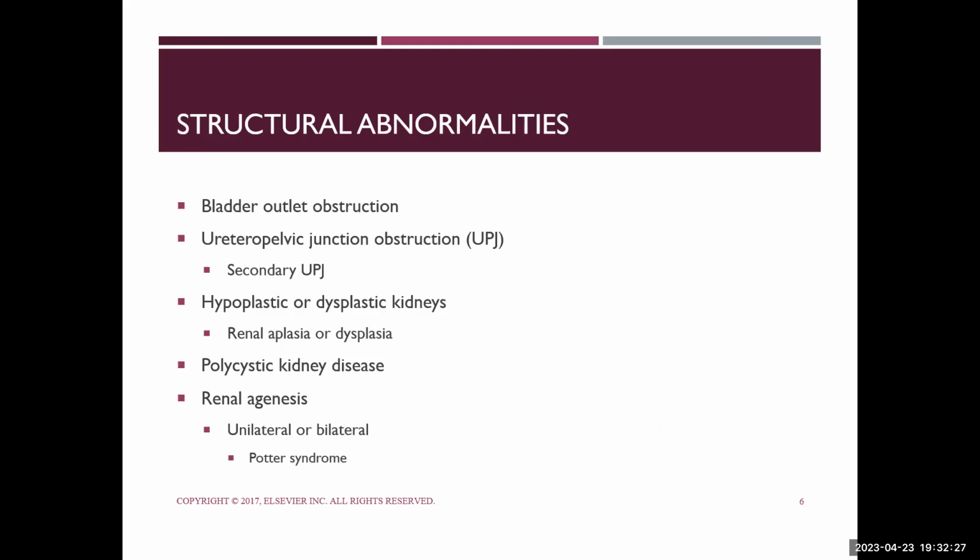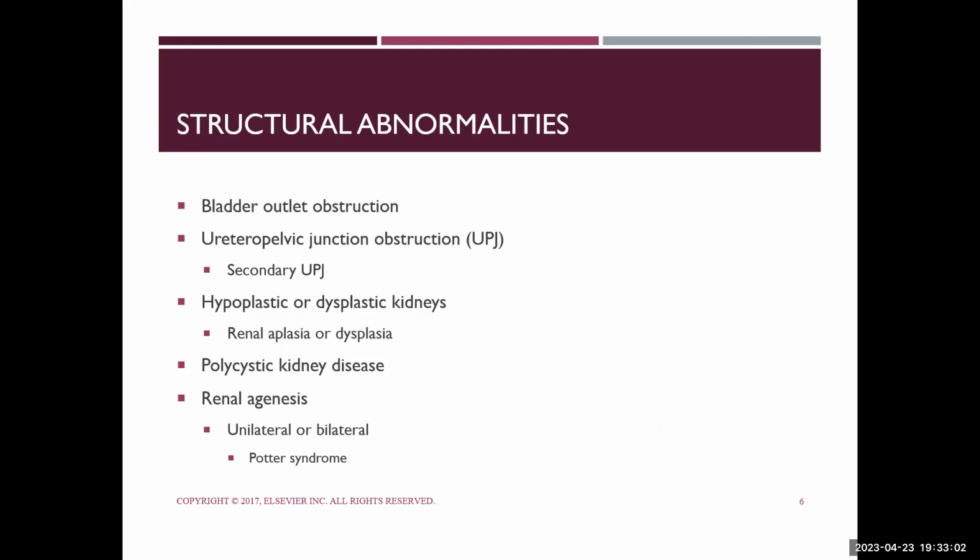This usually has a genetic cause. This is due to mutations in three different genes that are known to be essential for kidney development. There's a gene called eyes absent 1, the SIX1 gene, and then PAX2 is another gene that can cause dysplastic kidneys. Again, this can be unilateral or bilateral.